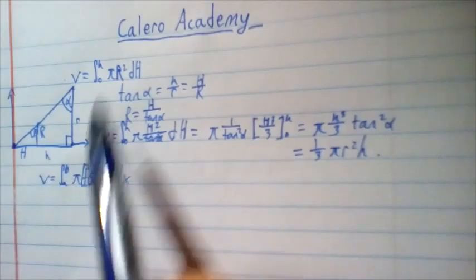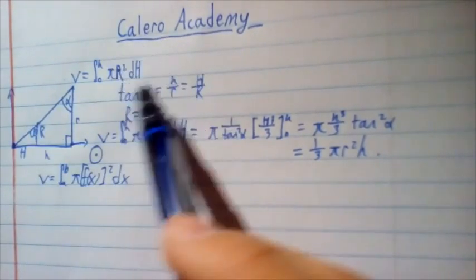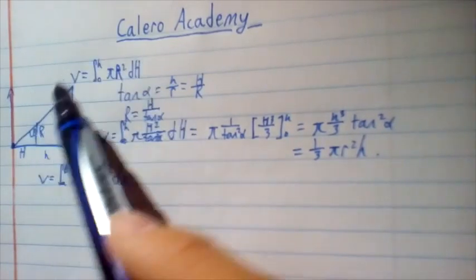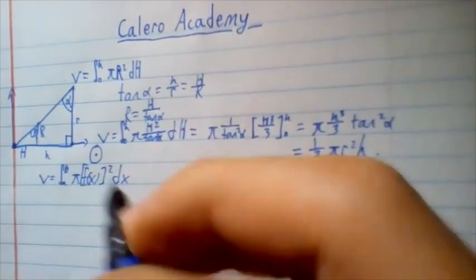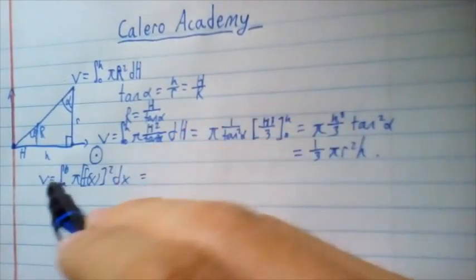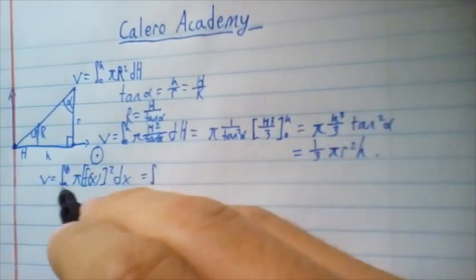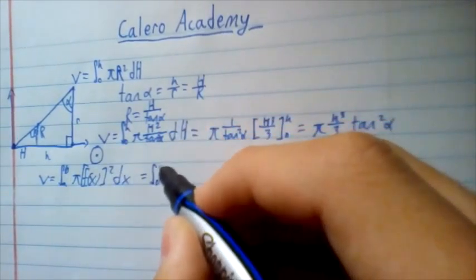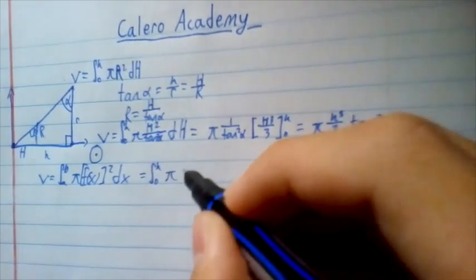This is the simple, common sense approach to this problem. This is the general way to look at any function that we want to rotate around something. In this case, this volume is going to be equal to the integral from a, which in this case is 0, to b, which in this case is h, of pi times.